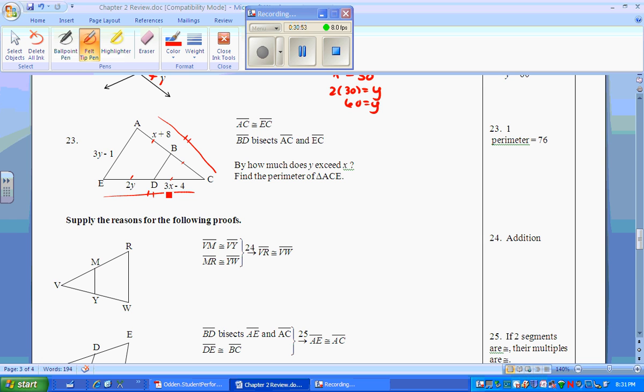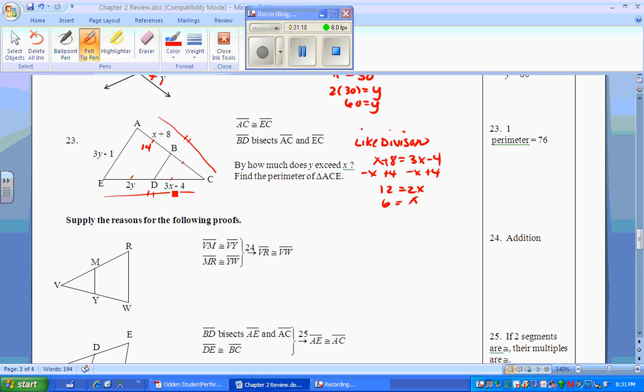So when you look at it, what you can do is say, okay, using like divisions, I can see all the pieces are congruent, so I can set x plus 8 equal to 3x minus 4. Solve for x. So x equals 6.